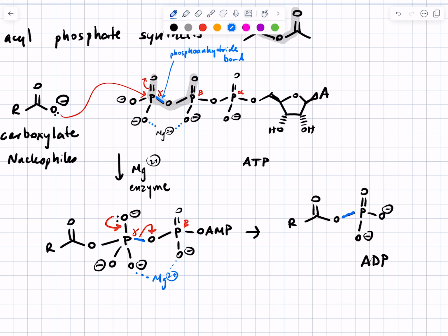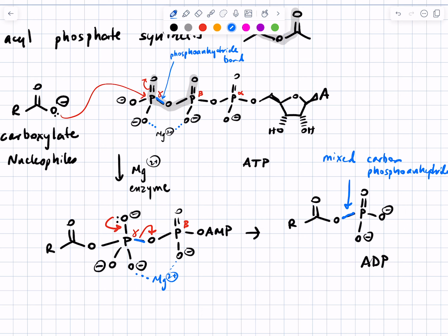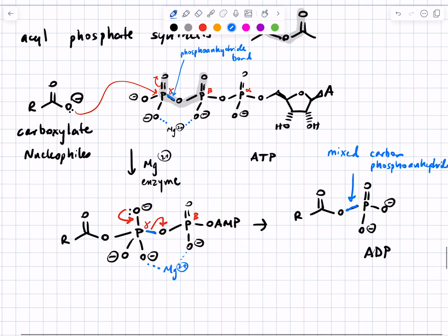The new bond that we made is not quite a phosphoanhydride, but it's sort of a mixed phosphoanhydride. So you would expect it to be about the similar instability. The acyl phosphate product should be similar in stability to the ATP starting material.